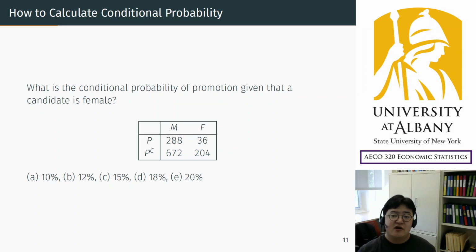Pretty straightforward. Now, what is the conditional probability of promotion given that a candidate is female? So it's clear this part is the condition, and this is the main event we are calculating the probability for. Okay, so stop the video here and do the algebra.